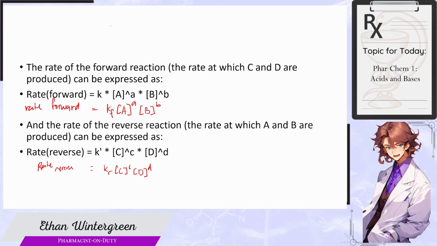So this is only applicable for the equation aA plus bB is cC and dD, in which A and B are our reactants, while our C and D are our products.